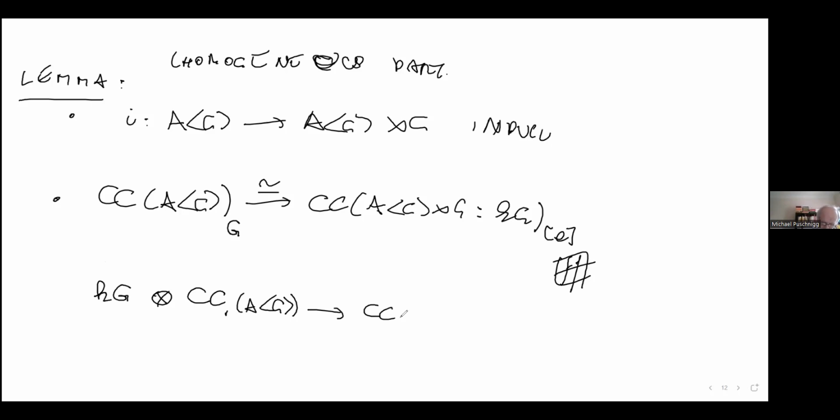I want to make it more precise because this is viewed as a G-module, but with the adjoint action. So I allow myself to write K at G. So it's a linear span of G itself, but the action is the adjoint action, to CC of A cross product, A stupid algebra with G, cross product G, KG, and now everything. And I will just describe the map.